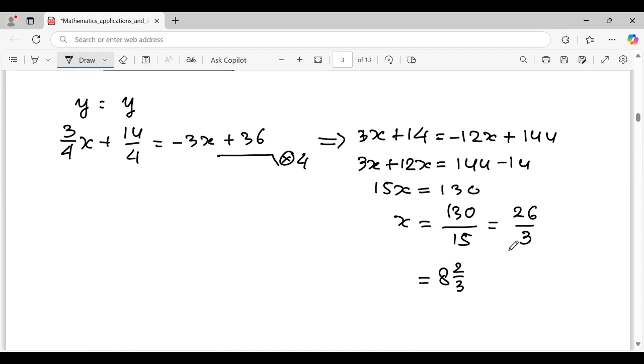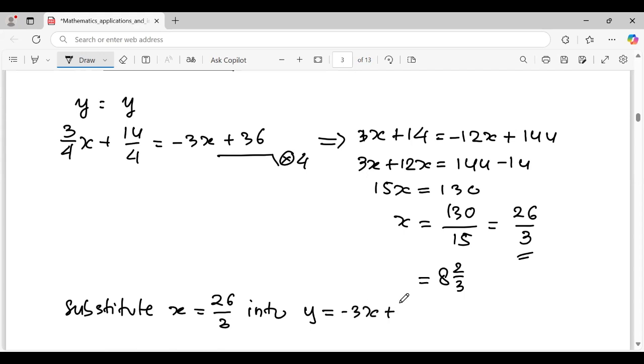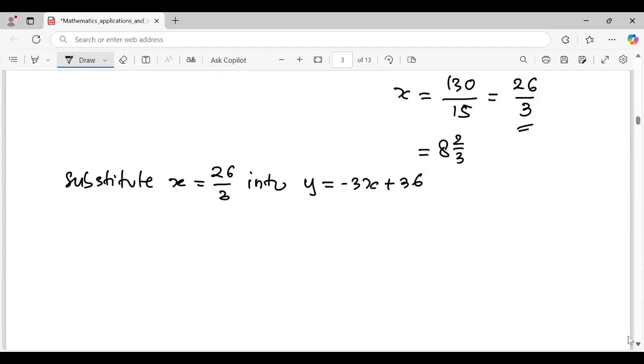So this is the result of x. Next step is to substitute x equals 26 third into y equals minus 3x plus 36. Okay, I'm going to scroll down first.